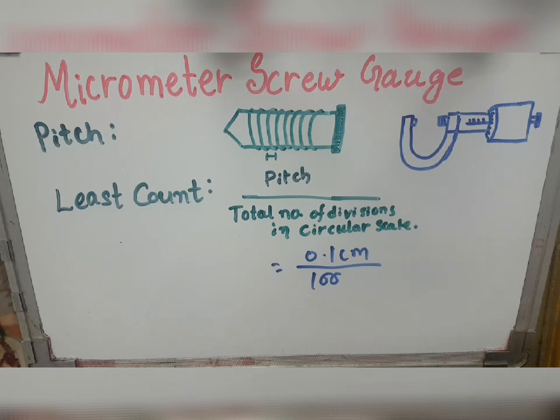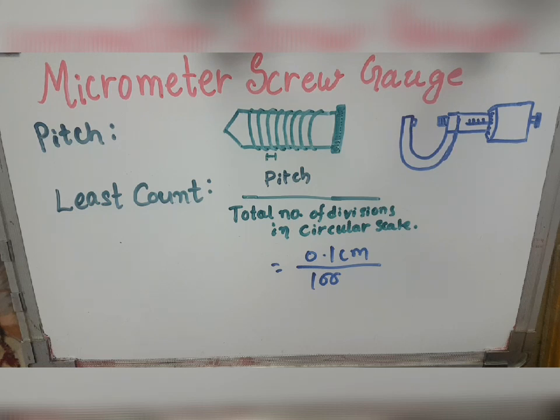Now let us see how we can take a measurement with a screw gauge. The screw gauge is used to measure the diameter of a very fine wire or even the thickness of a paper.